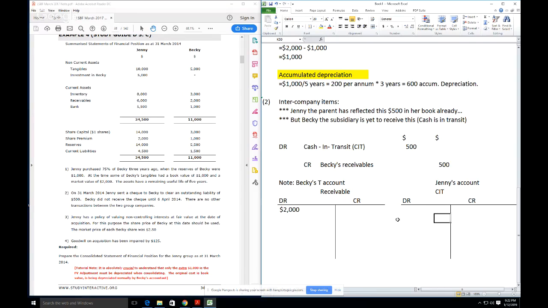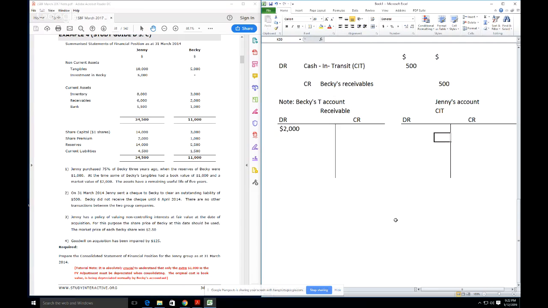So already in Jenny's book, it is being removed. Let me change this to bank, and this to CIT. I'm using figures from the statement of financial position.